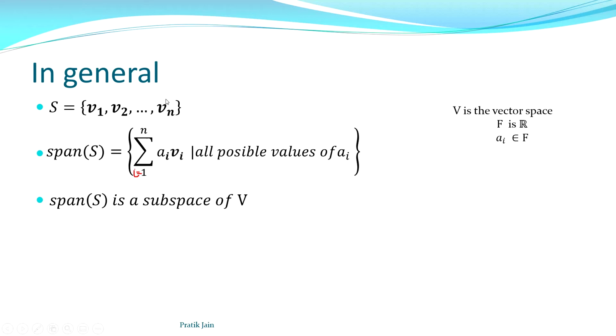Because you are always taking vectors from V. And it is a subspace because it is defined such that it is a linear combination. There is this closed under addition thing, because anything that is a linear combination of these vectors will be in the set. Hence, it is a subspace.